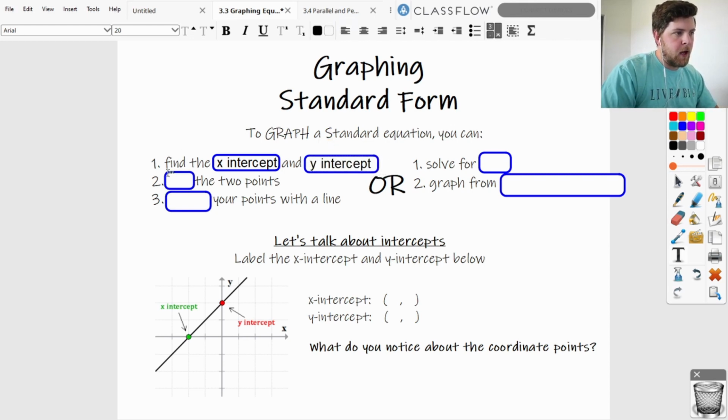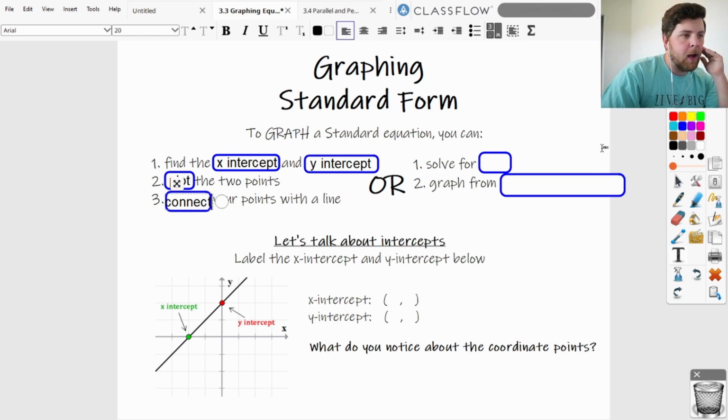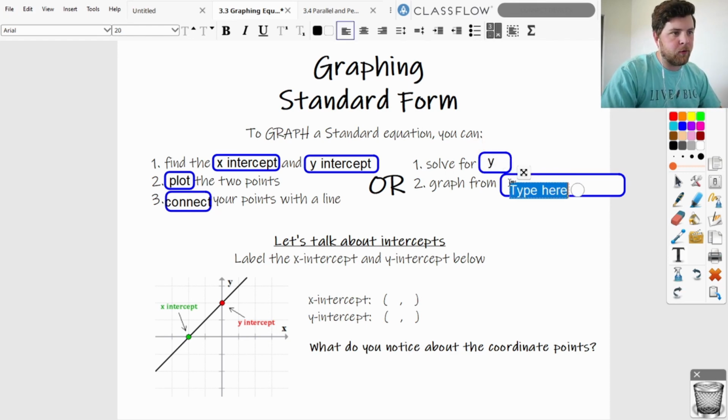You would plot the 2 points, and then you would connect your points. And these are really, really easy to do. I'll talk about the mathematical way and then the shortcut way I would do it. The other option is to solve for y and then graph from slope-intercept form.